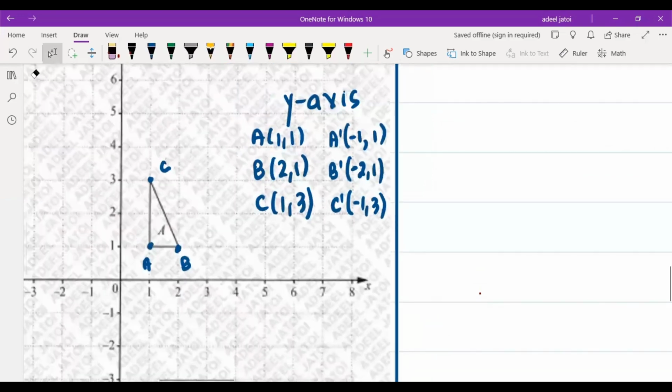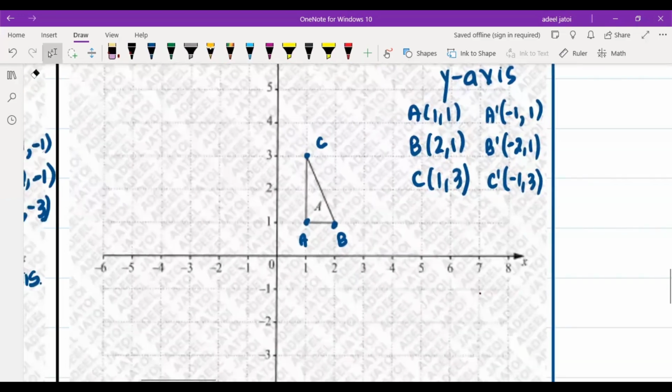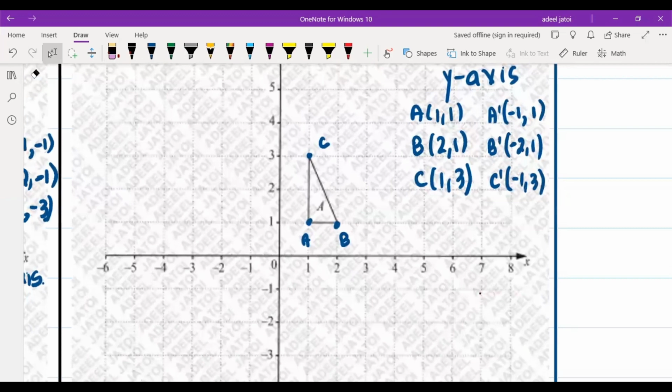Now, when I talk about the sign and the coordinates, let's work upon them. Let's say that this point is your A, this is your B, and this is your C. So we need to understand that this is your y-axis line. Your object needs to be transformed to the image.